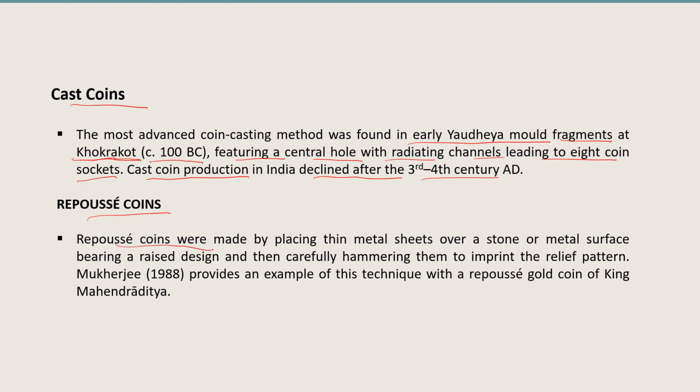Repoussé coins were made by placing a thin metal sheet over a stone or metal surface bearing a raised design and then carefully hammering it to imprint the relief pattern. Mukherjee provides an example of this technique with a repoussé gold coin of King Mahendraditya.